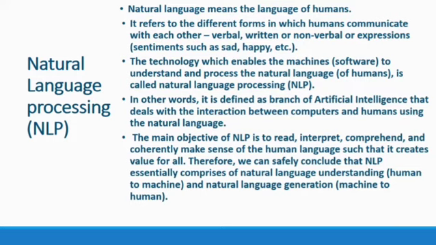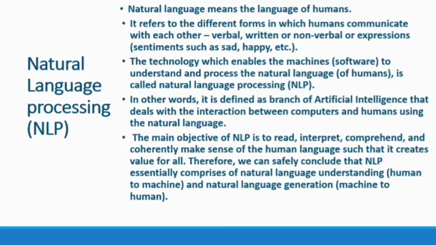That is, if we are producing this language in the form of text, that has to be read. So NLP is to read, then interpret, comprehend, and coherently make sense of the human language so that it can create value for all.